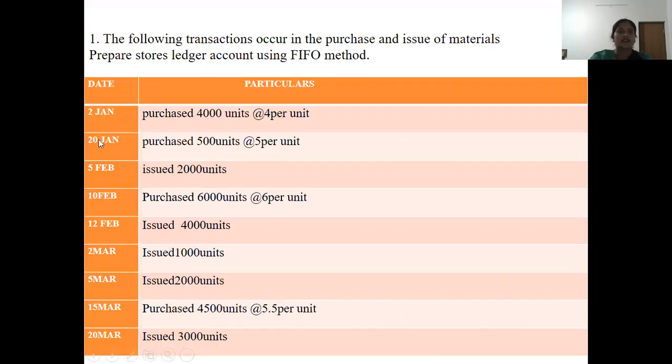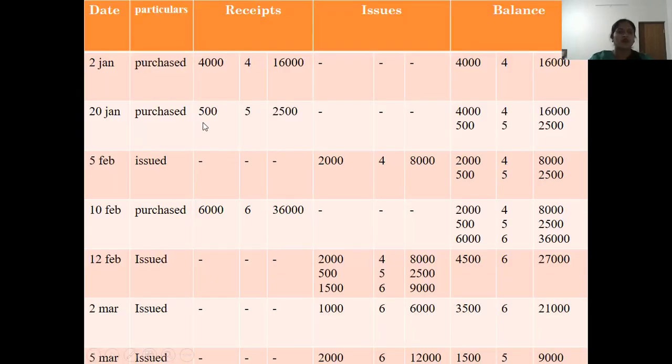Next, let us go to the problem here. On 20th January you have purchased. How many units have you purchased? 500 units at 5 per unit. Now go to 20th Jan. Take the date 20th Jan, and under the particulars take purchased.